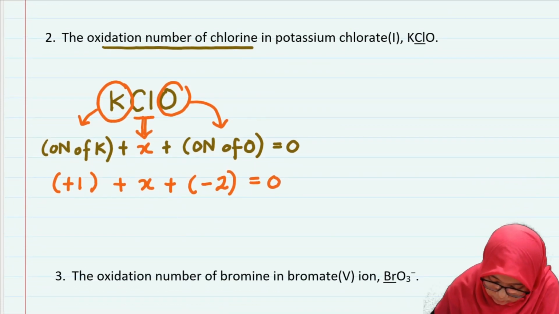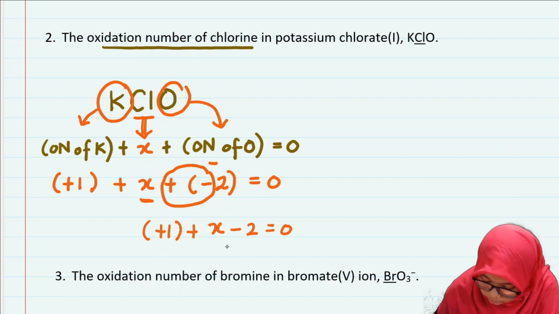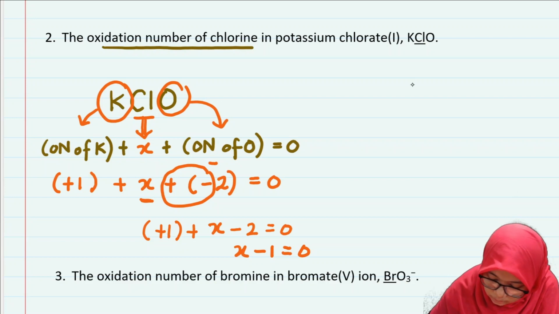Now we are looking at the X value. When I add all these numbers, +1 plus X minus 6 equals 0. So +1 minus 6 gives X minus 5 equals 0. So X will be equal to +5.